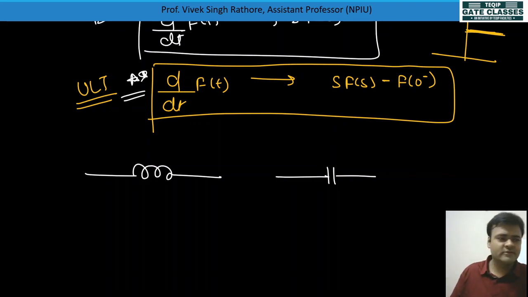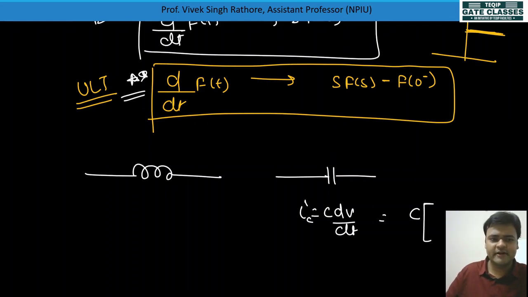For a capacitor, I is equal to C dv by dt. This is the capacitor current. C is there, and dv by dt can be written in Laplace as s into V of s minus some initial value, where V is the capacitor voltage, so V_C(0 minus) will be there.